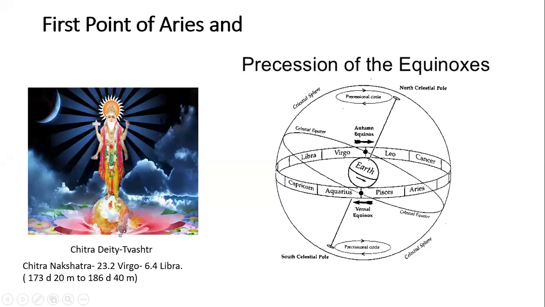So on my left-hand side, we have the deity of the Chitra Nakshatra, which is Tvashtar, who is also resembled with Vishwakarma. It is an important nakshatra as far as the Niryana system goes. So let us understand why.